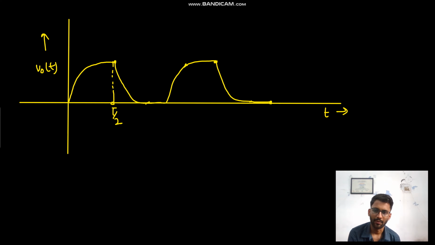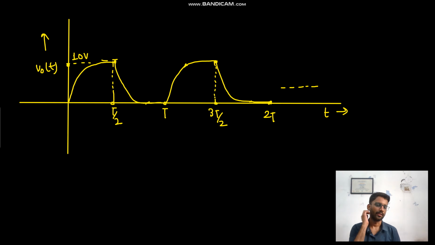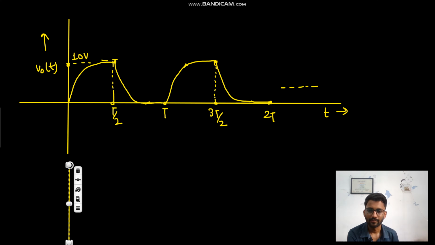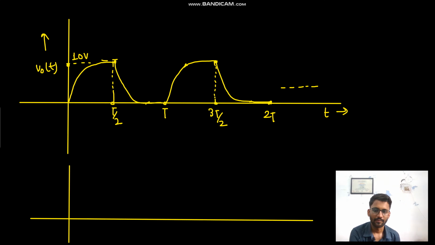This is 0 to T by 2, T, 3T by 2, and 2T, and the same cycle goes on. This is 10 volt. I hope you have understood this. And talking about the current waveform, if we want to draw the current waveform, I naught versus t.